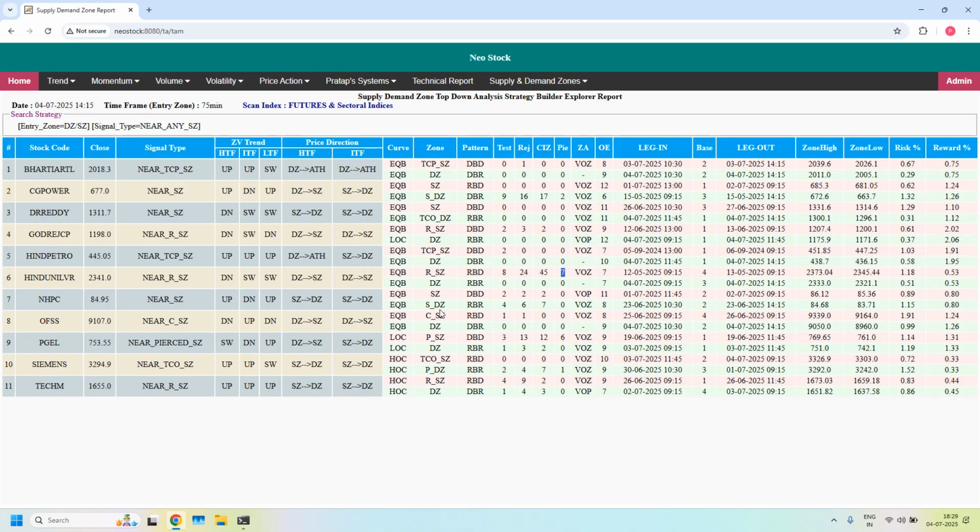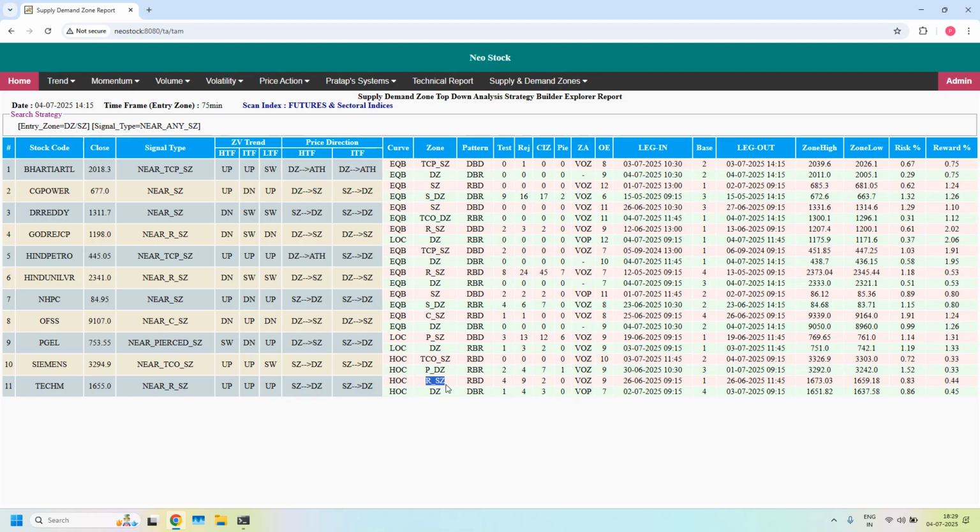Okay. Next, fourth one is OFSS is having 75 minutes high liquidity supply zone. And Tech Mahindra is having 75 minutes high liquidity supply zone.